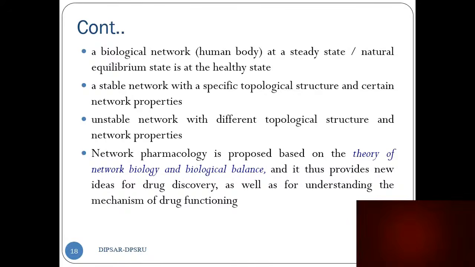And then you have to understand what happens when these networks become unstable, with different topological structures and network properties. Then you can understand that network pharmacology is based on the theory of network biology and biological balance, and provides new ideas for drug discovery as well as for understanding the mechanism of functioning.